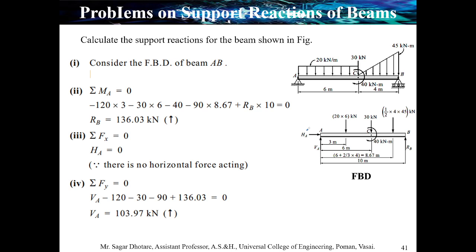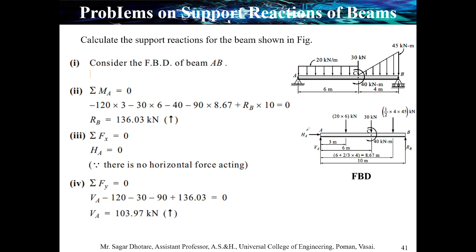Here we are not using the couple because we are only considering the forces. So we are not considering the 40 kilonewton meter couple in this calculation. Another force, which is a UVL, we have converted into one point load, that is 90 kilonewton. It is also in a downward direction, so it is negative.